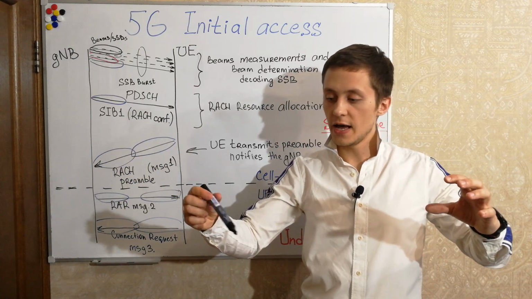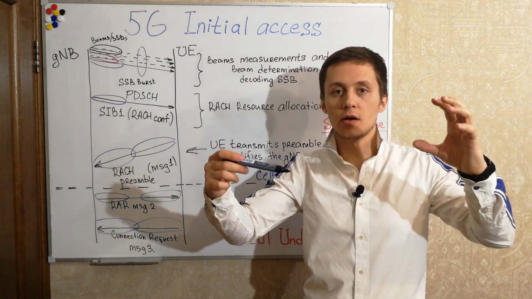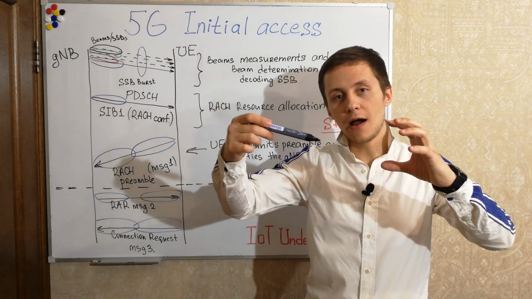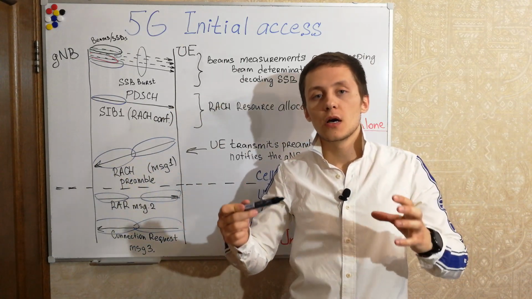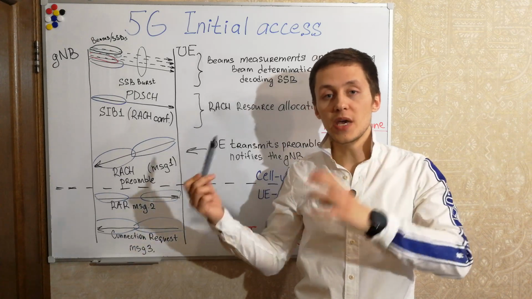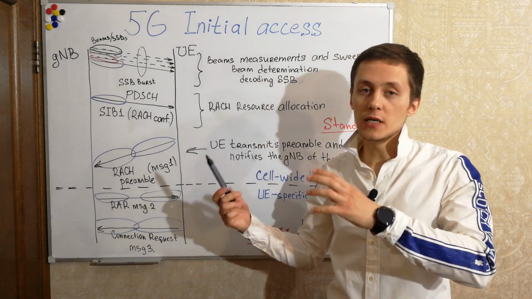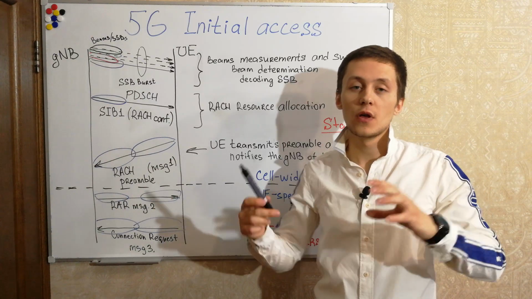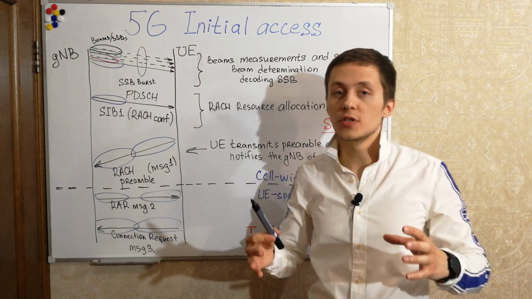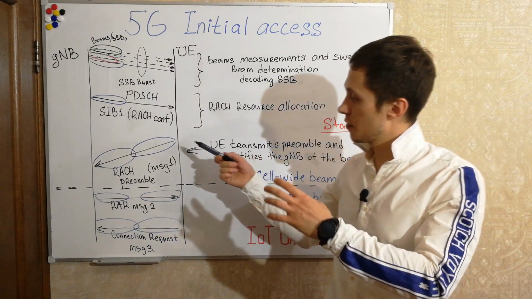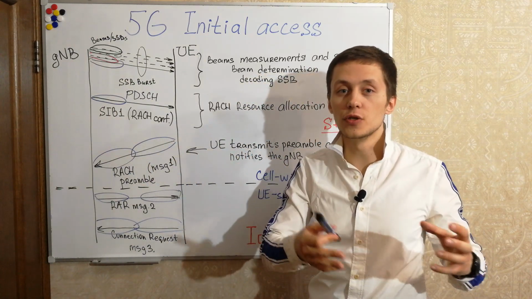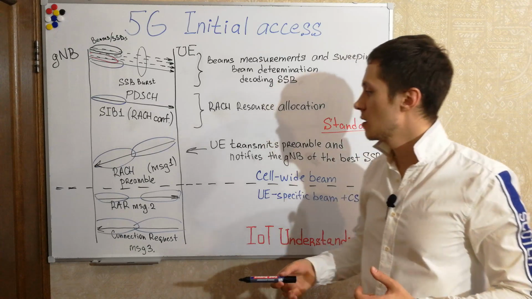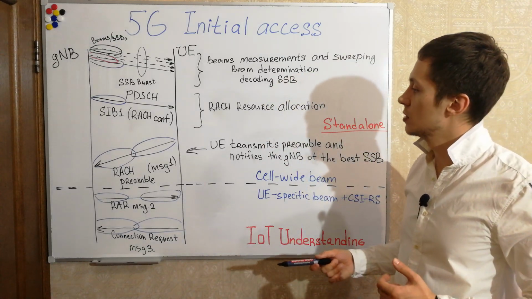So we have kind of a pair in uplink and in downlink direction, and this is actually the fundamental difference. This is the major difference in 5G in terms of initial access procedures, because for that step user and base station use beamforming techniques. This is a very important point.